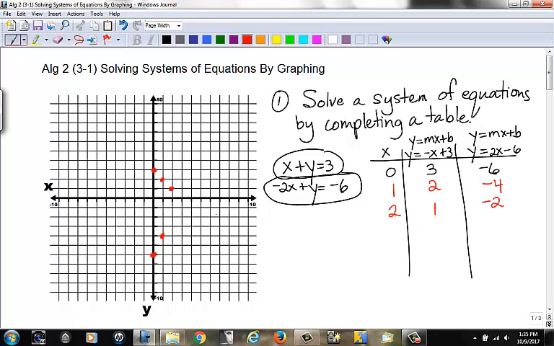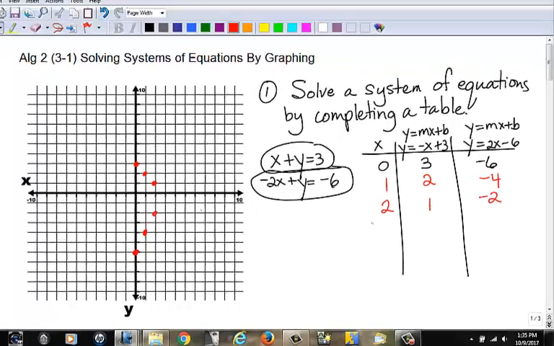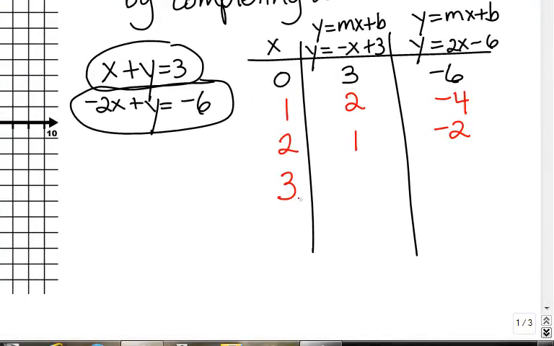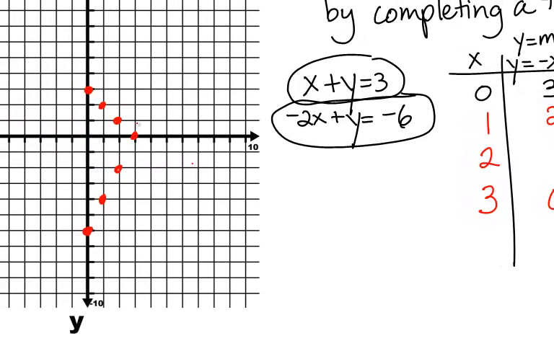And then 2, negative 2: 2 to the right and down 2. So you can see the two lines starting to come together. And then if you put x as 3, negative 3 plus 3 would give you 0. And 2 times 3 would be 6, minus 6 would give you 0. So that's where your lines are going to cross, at 3, 0.